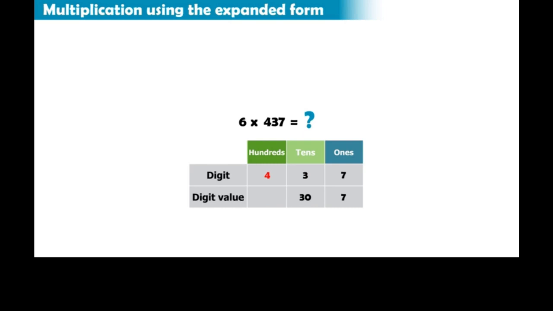And 4 at the hundreds place, so its value will be 400. Now, what do we get after doing this? That is 400 plus 30 plus 7. This way of writing is known as expanded form.